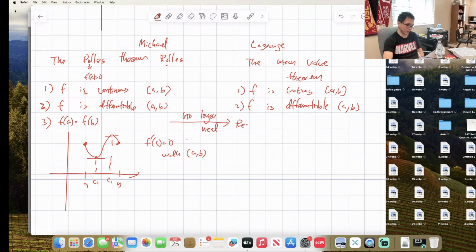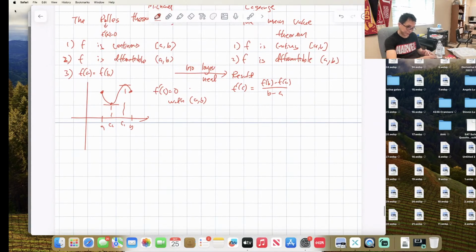But the result is this: there must be a c where f prime of c is equal to f of b minus f of a over b minus a. And I'm going to show you the reason why, on the graph. So imagine I have a graph.